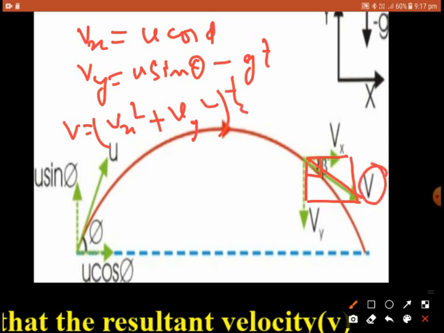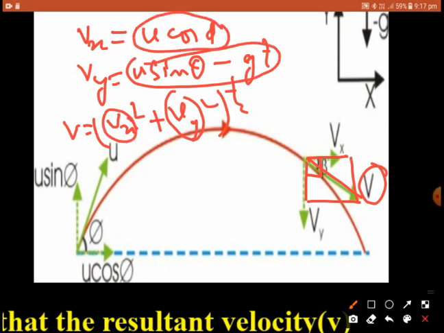I will not go into detail on that expression. Rather, vy will be this one, and vx will be this one. Got it? Yes. Just to find the direction of the velocity at this instant, we can again use this right triangle, and the angle here, let's take it as beta. So tangent of beta is equal to perpendicular by base.